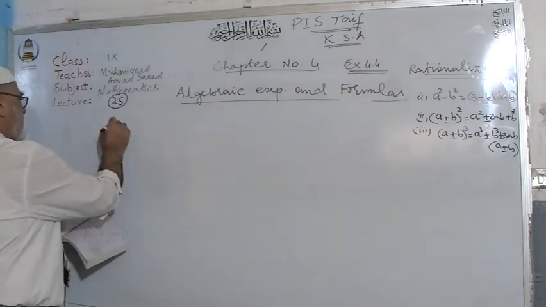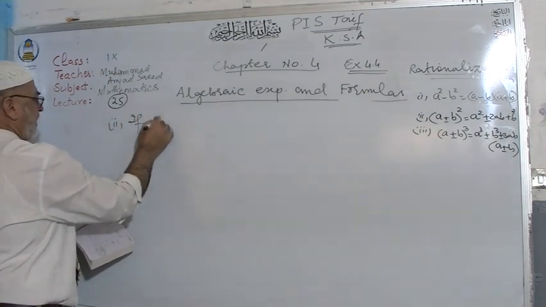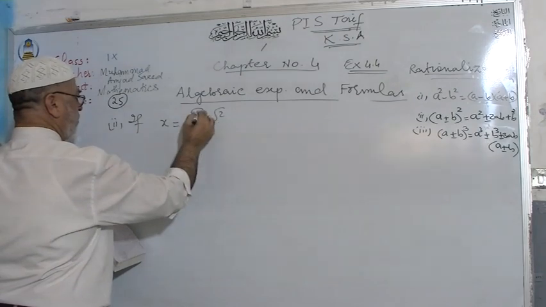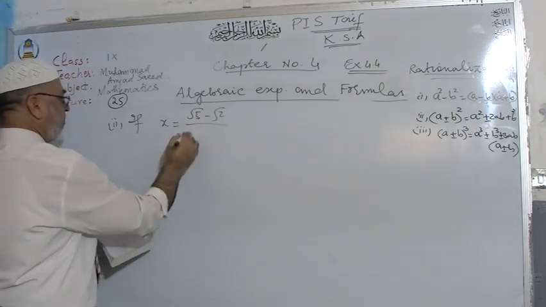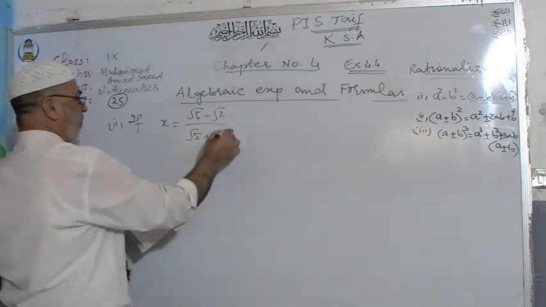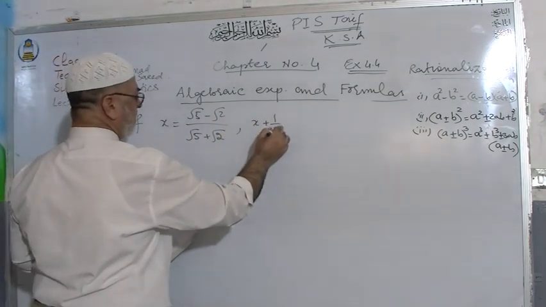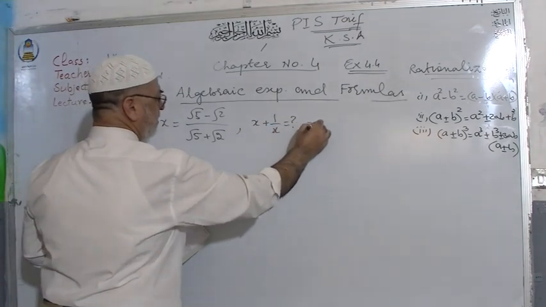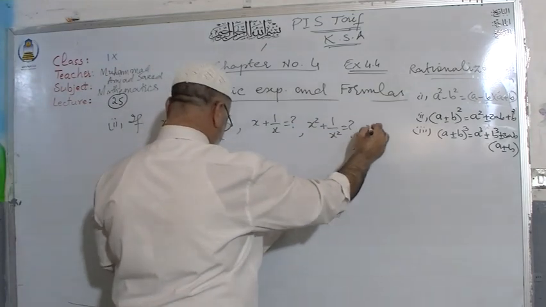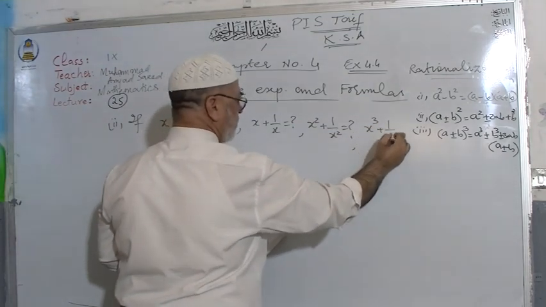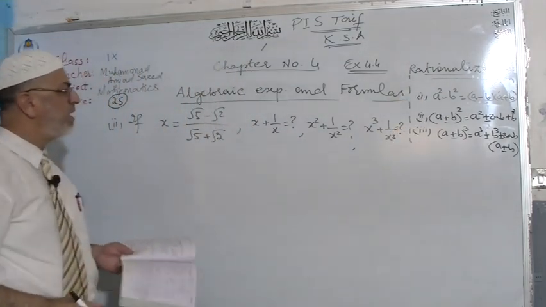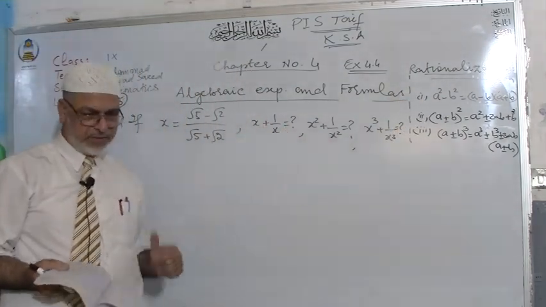Part number 2 is, if x is equal to root 5 minus root 2 over root 5 plus root 2, then find the value of x plus 1 over x, x square plus 1 over x square, and x cube plus 1 over x cube. We have to find these three values.